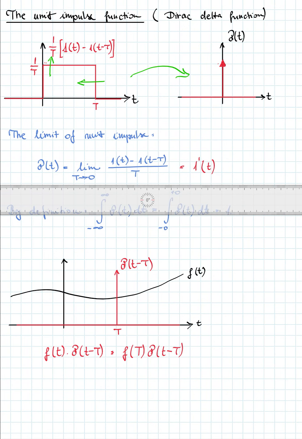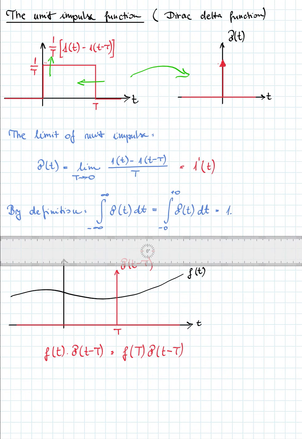As we can see, from the definition of the derivative, it is equal to the time derivative of the 1 of t function. So if we have a step function and we take the derivative of this step function, we are going to get a Dirac delta function at the jump of the step function. So delta t is equal to the time derivative of 1 of t by definition.